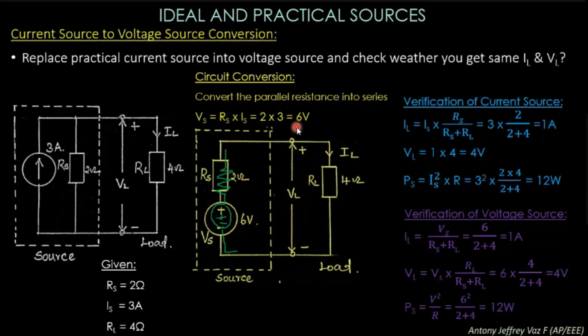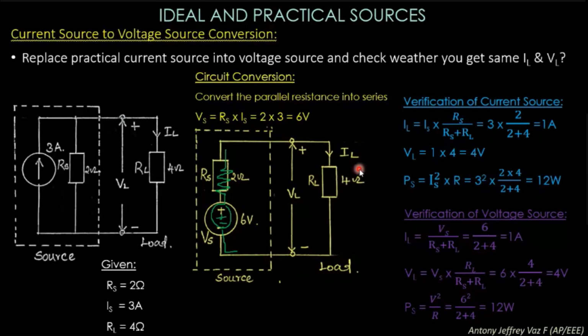Second, we have converted the parallel combination of the 2 ohm resistance into a series combination of resistance added along with the source voltage Vs, and then other things remain the same. So this is a very easy conversion of a current source into a voltage source.